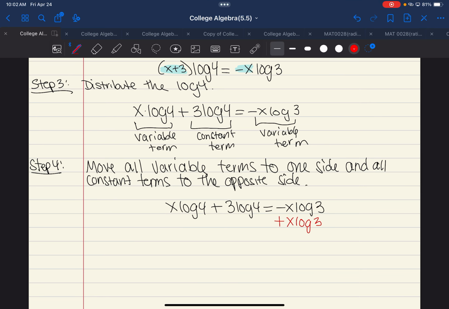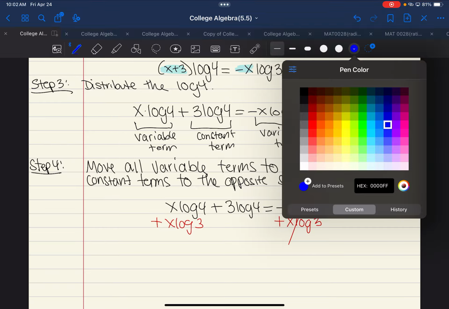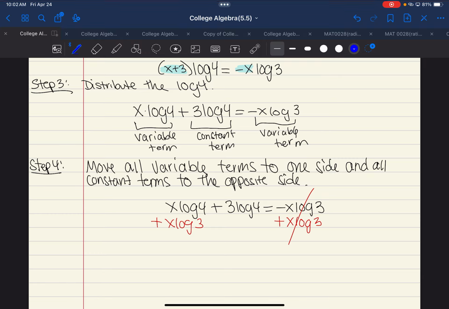But then I have to add it over here as plus x log of 3. So that will cancel here. And then I'm going to subtract the constant term from both sides so that that'll cancel there, and I'll move it to the right. Kind of did 2 steps in one there.